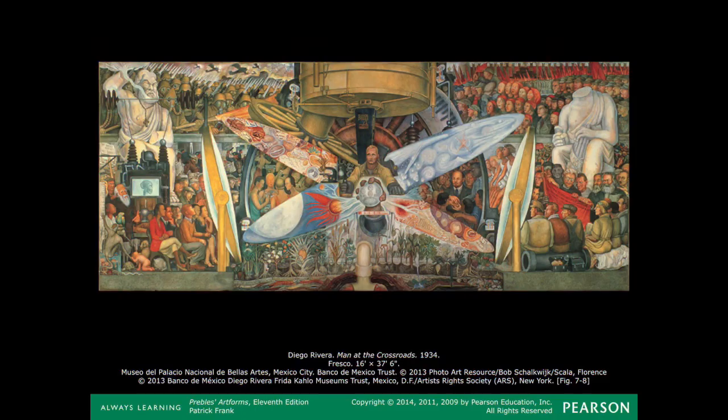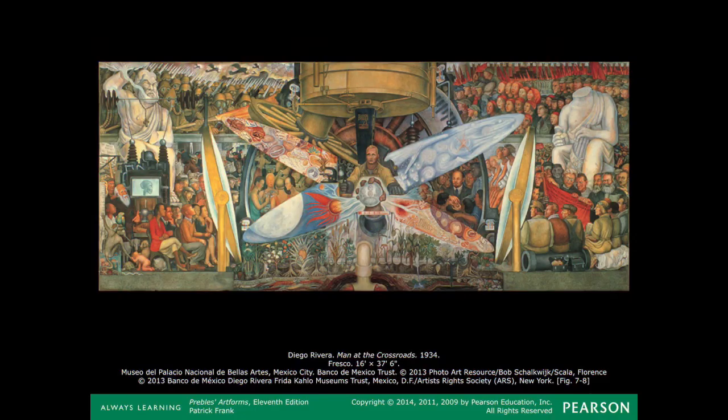This was a very controversial painting. Looking at the figure in the center, there is some really interesting iconography happening, especially with some of the plant and scientific symbology on the wings.